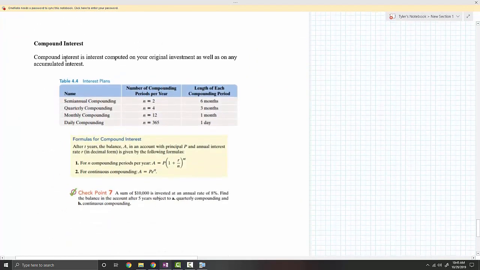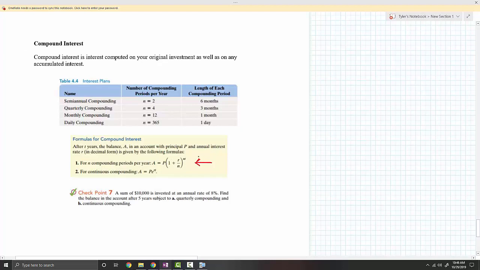And then another important application of the natural number is with compound interest. You've probably seen this before, and you're probably familiar with this first formula of compound interest.